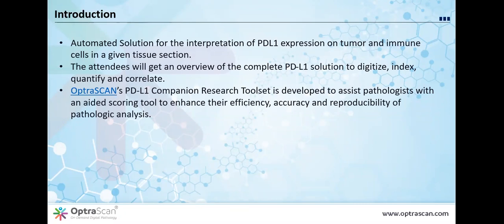The aim of OptraSCAN's PD-L1 companion research toolset has always been to assist pathologists with an aided scoring tool to enhance their efficiency, accuracy, and reproducibility of pathologic analysis. Our tools are all developed to help pathologists deal with challenging situations and make their life easier.